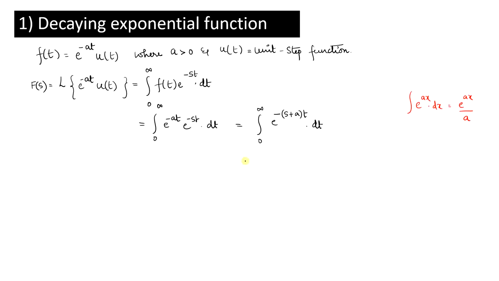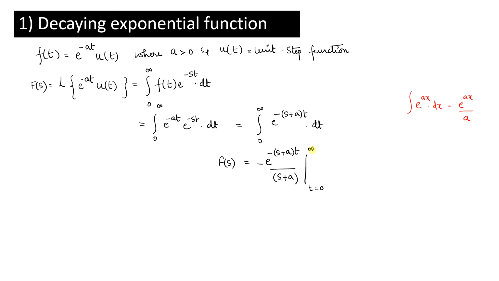We can write this as F of s equal to e power minus (s plus a)t divided by this entire term, that is minus (s plus a). So there is a negative sign here. Let me bring the negative sign outside, and this will be s plus a. Let me substitute the limits, t equal to 0 to infinity.